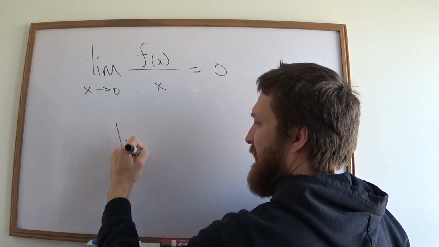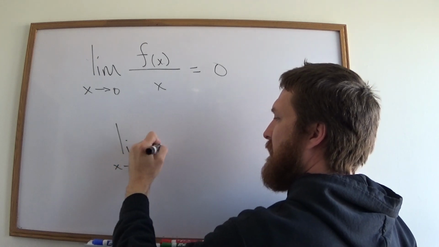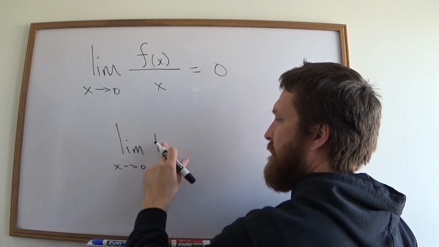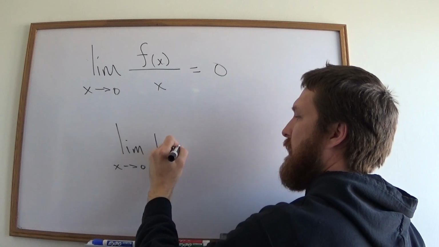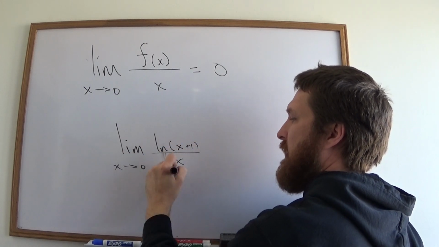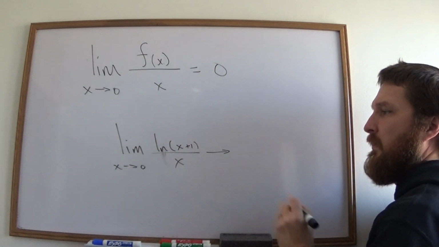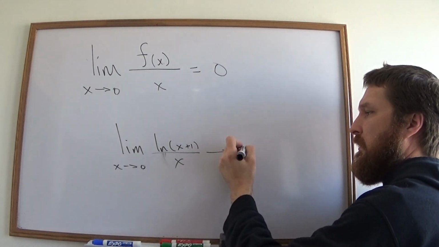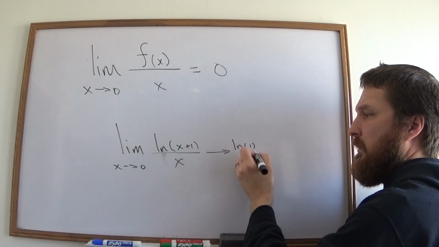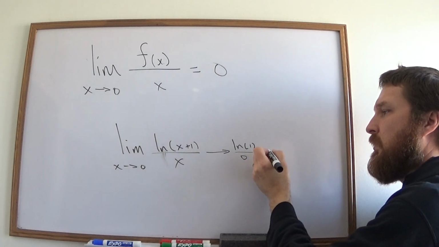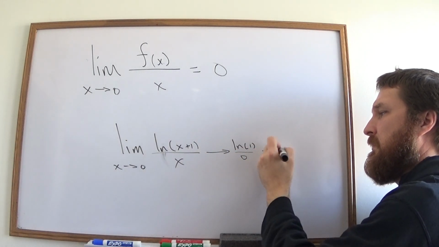Let's say I have the limit as x goes to 0 of log of x plus 1 over x. This goes to what over what? Log 1 is 0, so 0 over 0.